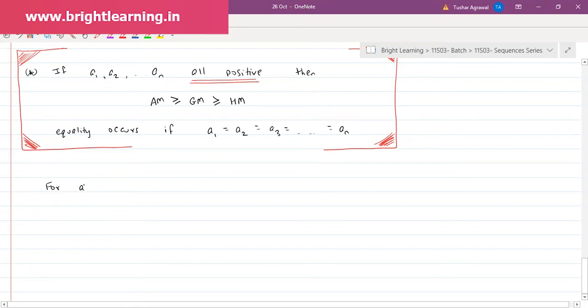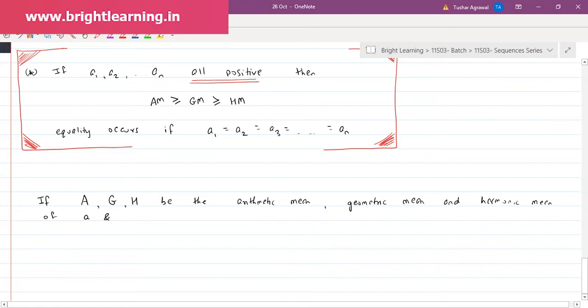For 2 numbers A and C, if A, G and H be the arithmetic mean, geometric mean, and harmonic mean of two numbers A and C, then A, G, and H themselves are in GP, geometric progression.